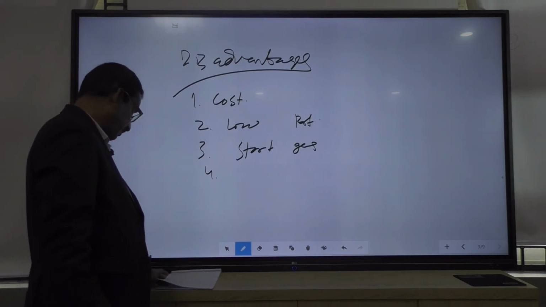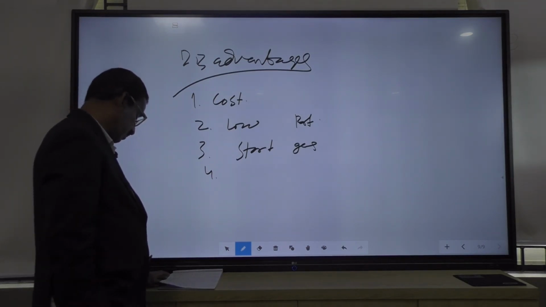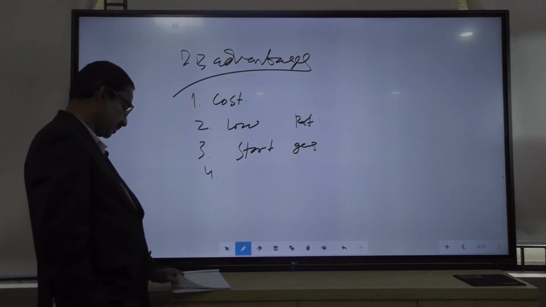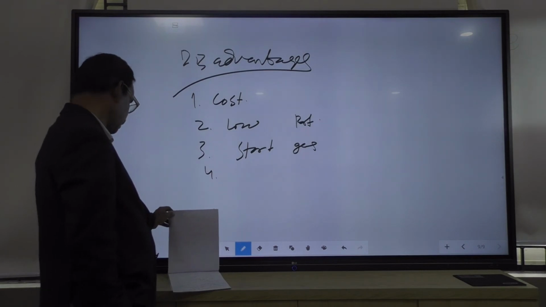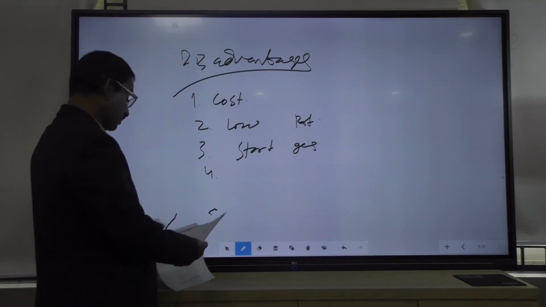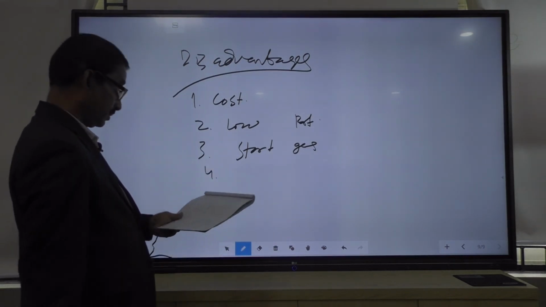When the power demand increases or decreases, it is less responsive. The response is slower than other turbines like gas turbines. So this is about the advantages and disadvantages of the steam turbine.